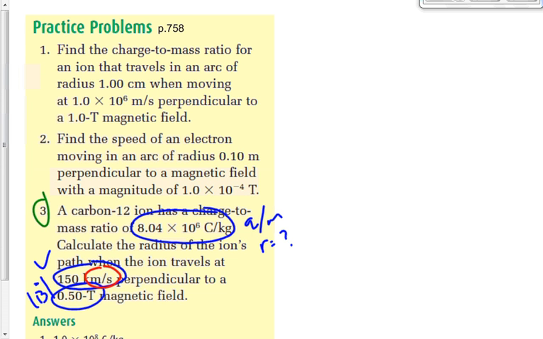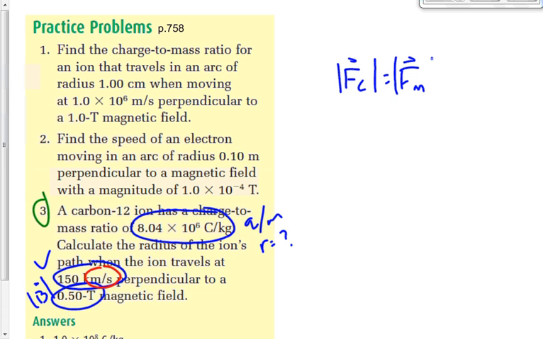Now, what I don't want you to do is just memorize the equation for q over m. I don't want you to memorize any equations. You have a lot to remember in Physics 30 and even more in your other courses. Don't memorize more than you have to. Figure it out. We know that in the main chamber, Fc equals Fm.